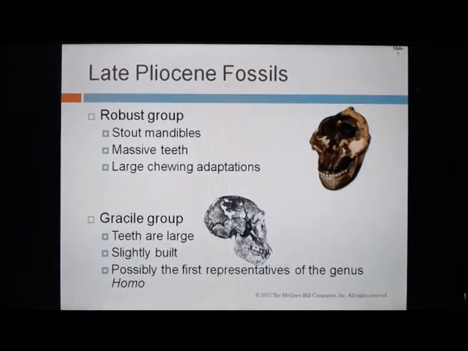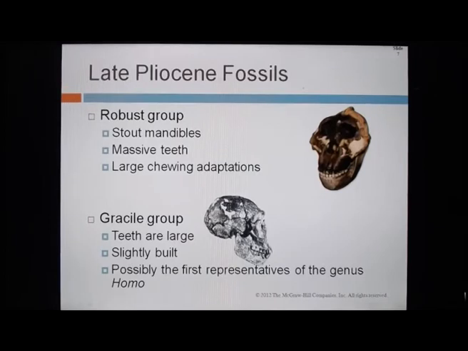Late Pliocene fossils, so between 5 and 2 million years, and this goes beyond 2 million years, especially the robust. But the robust group, they have stout mandibles, and that's the jaw, massive chewing apparatus, the jaw, and the sagittal crest. You'll see my finger right up here. This is the sagittal crest, that little bony outgrowth at the top.